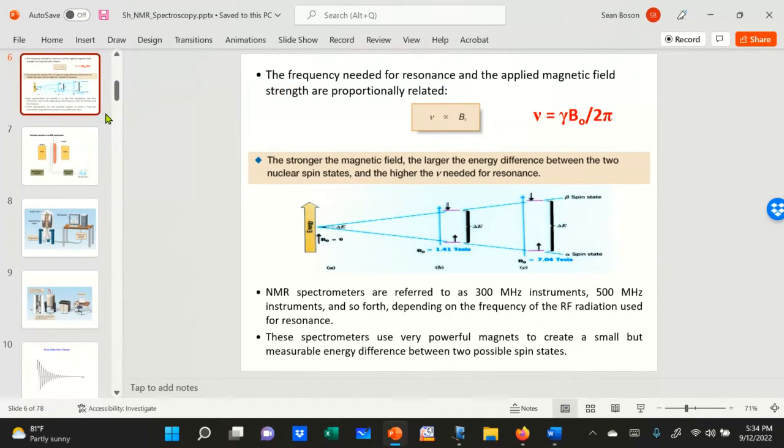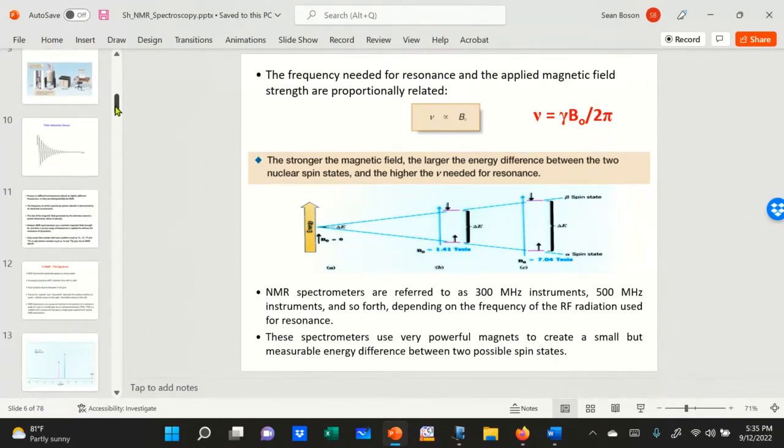Basically, the sample is irradiated with an extremely powerful, very intense pulse of radiation of the whole range of frequencies, and they all undergo spin flip at the beginning. So all nuclei of all hydrogens go to the beta spin state.